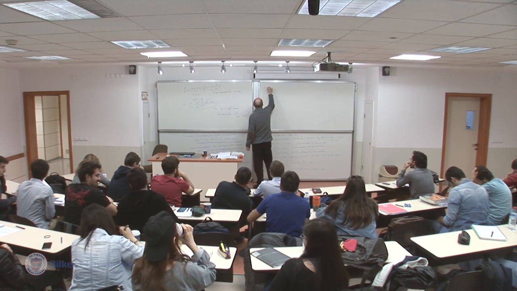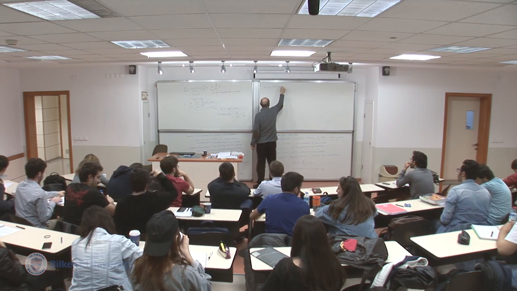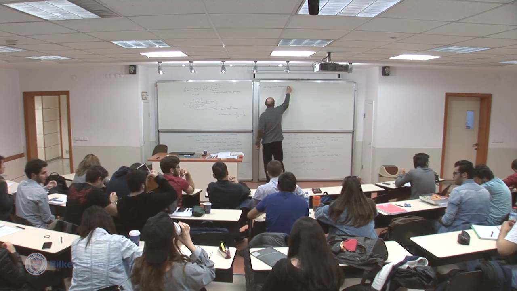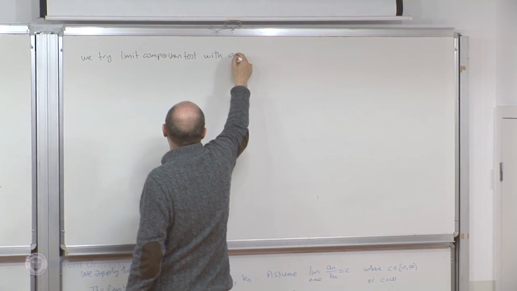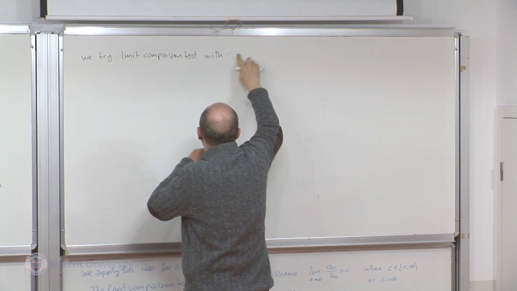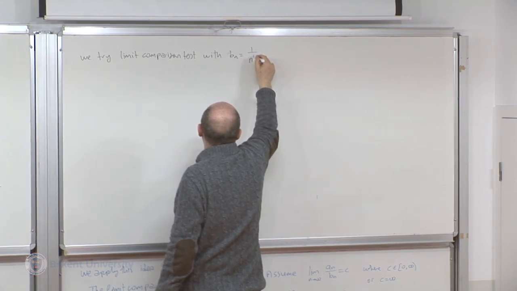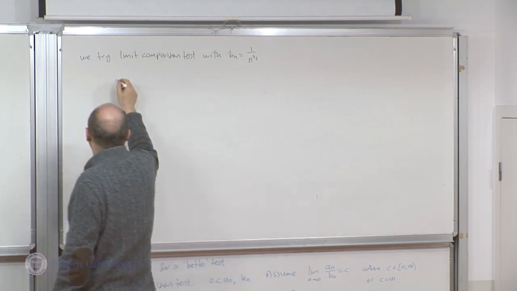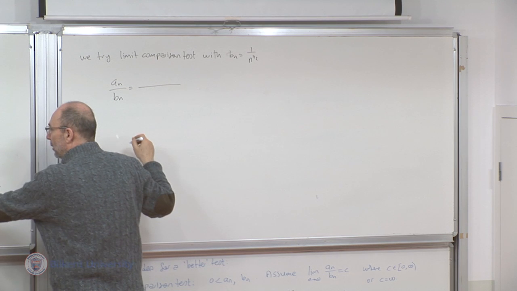Okay, so we try the limit comparison test with bn equals 1 over n to the 1 over 2. So we look at an over bn. This part doesn't change.